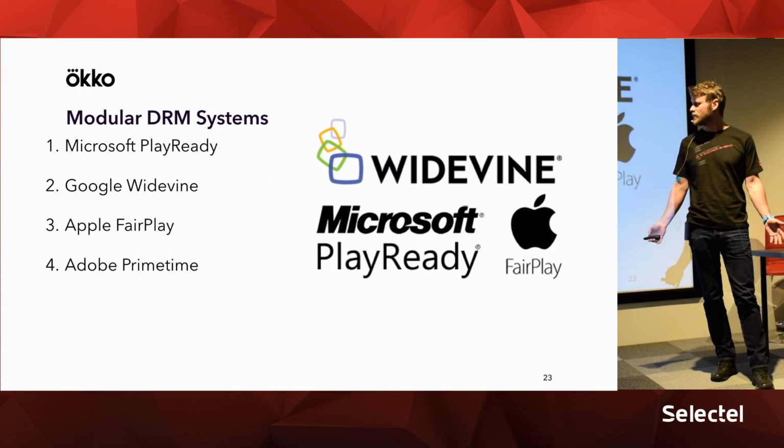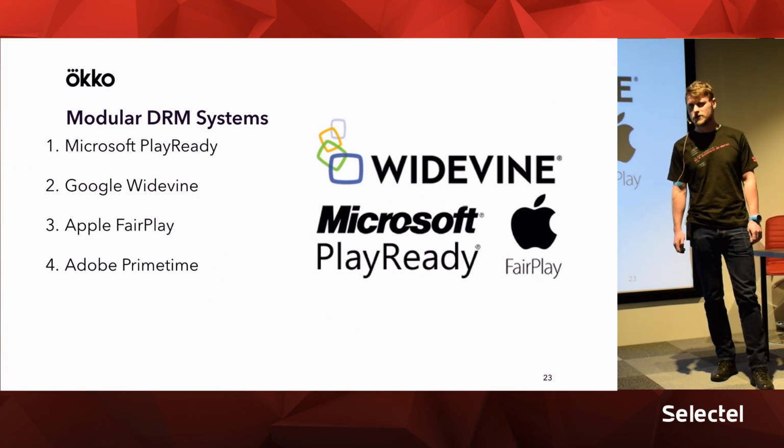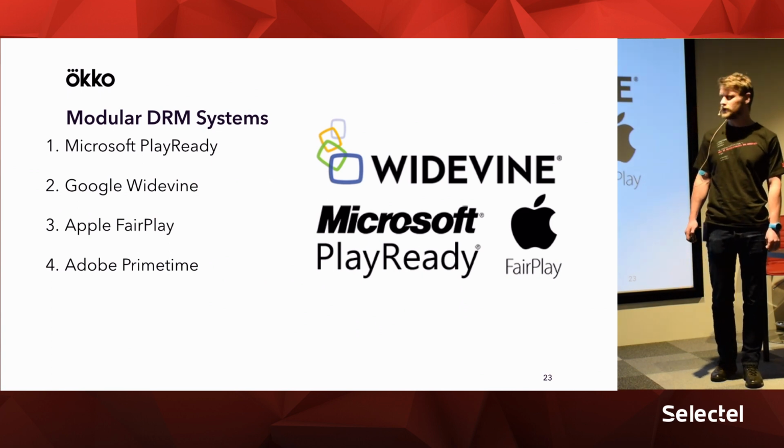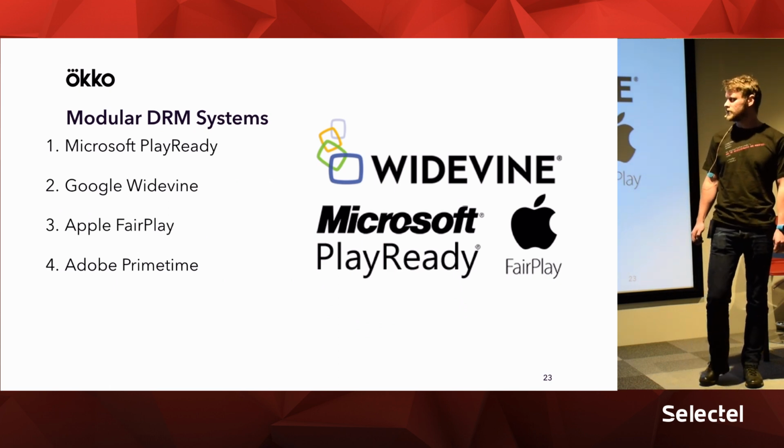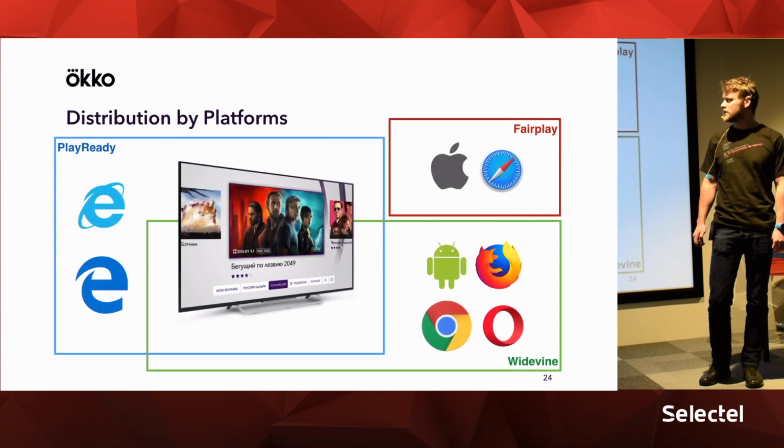Okay, the main players here, the same companies you are dealing with every day: Microsoft, Google, Apple, a bit of Adobe, but not so much. And the fragmentation is like here.